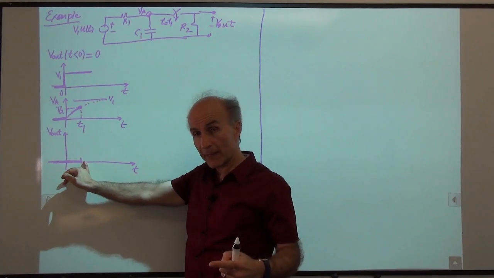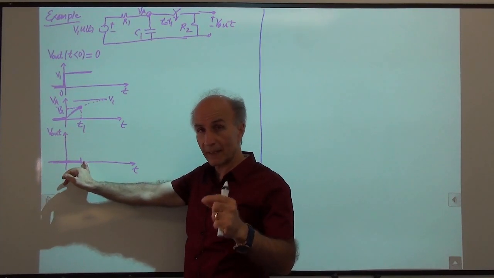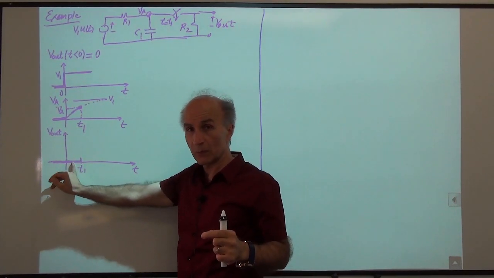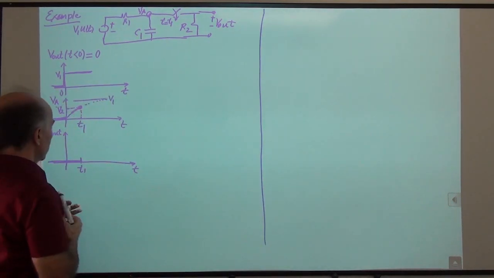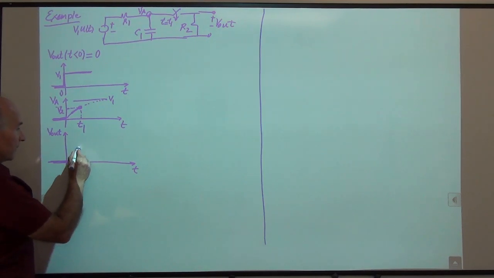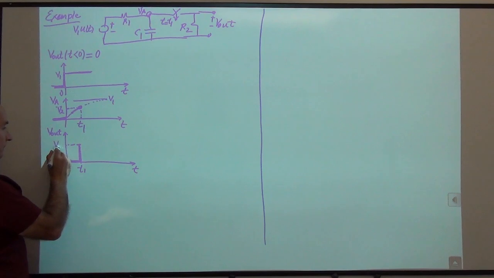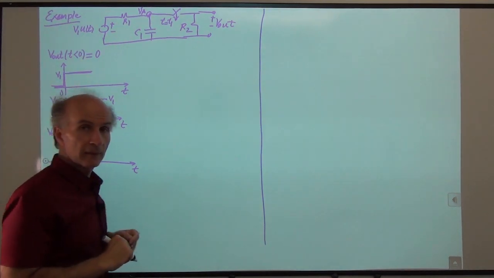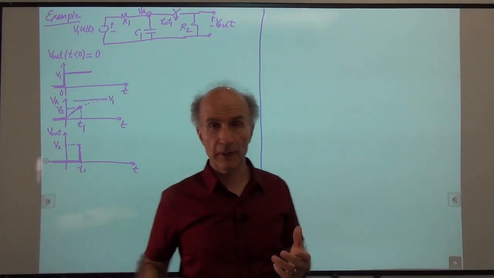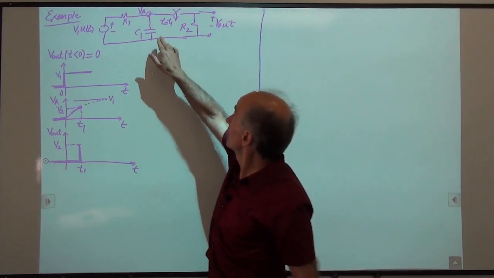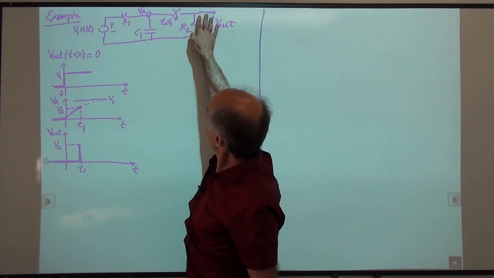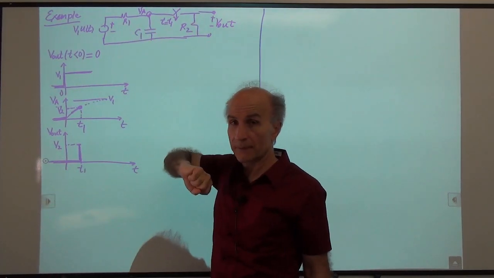So the voltage on the capacitor has to be the same value just before T1 and just after T1. So remember we called that V2? So at this point in time, V out jumps and assumes the value of V2. All right? So before that, V out was 0. The switch suddenly shorted this part and this part together, so this voltage has to become equal to this voltage.